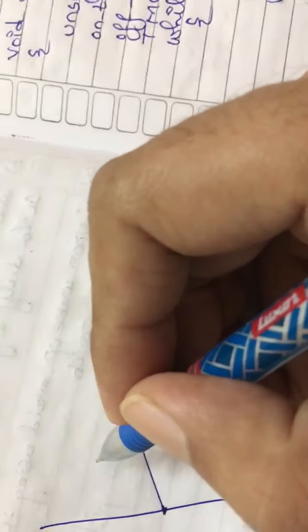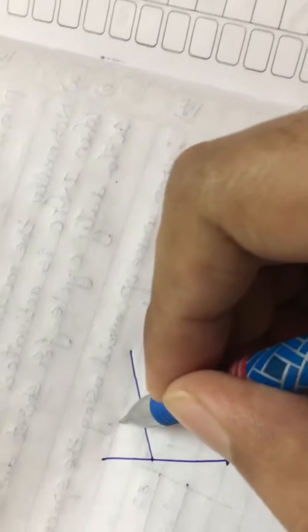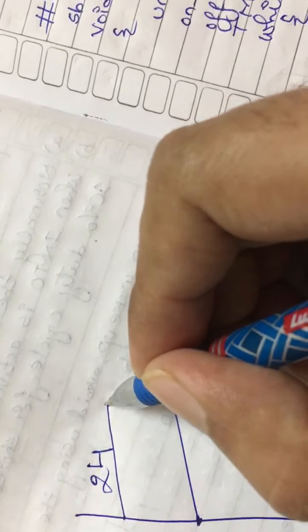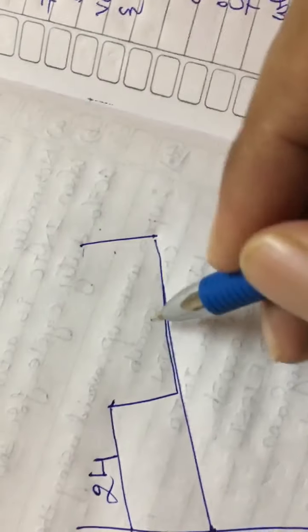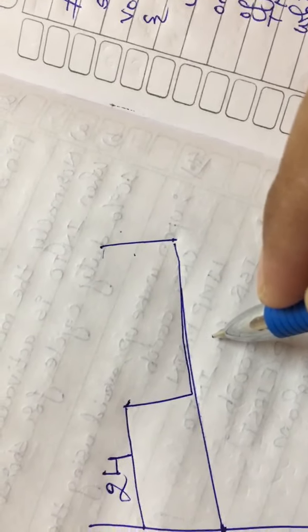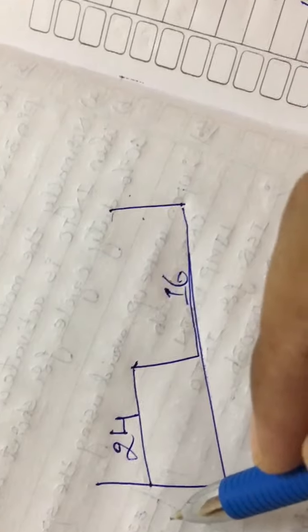So here what I will do, I will take the on pulse value directly equal to 24, and the off pulse value equal to 16.